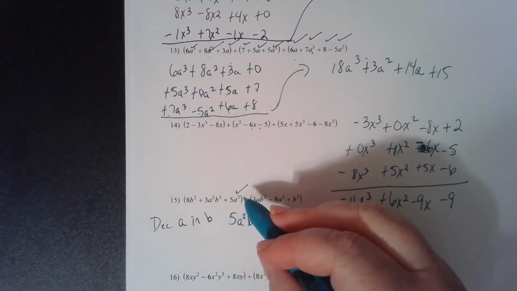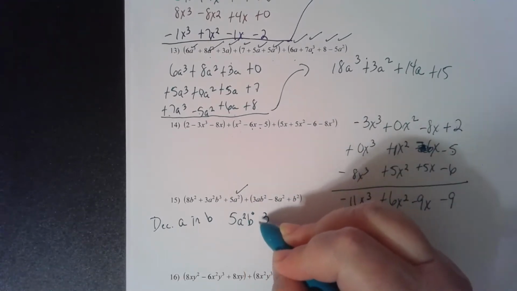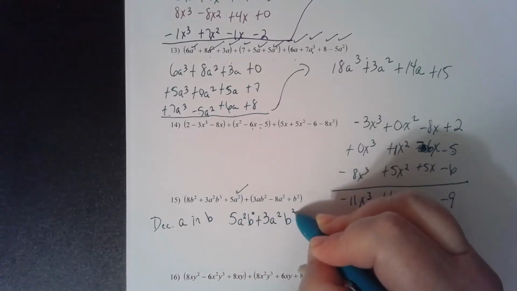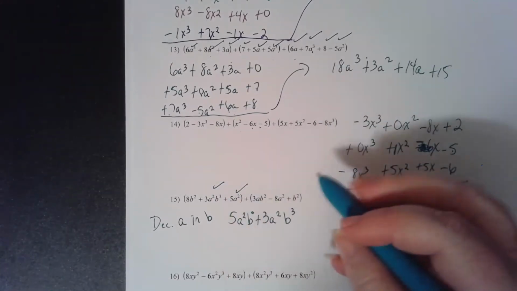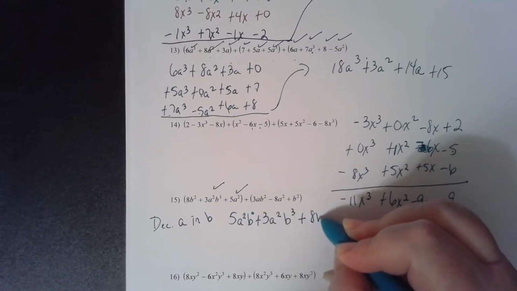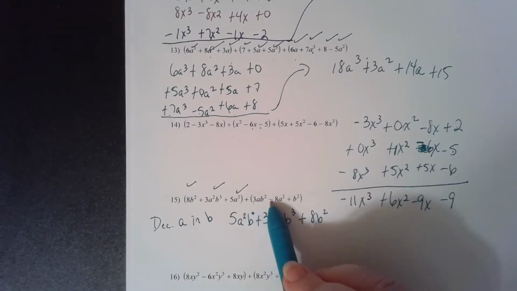And then I'm going to have plus 3A squareds times B cubes. And then I've got plus 8B squareds. Okay, then we got 3AB squared.